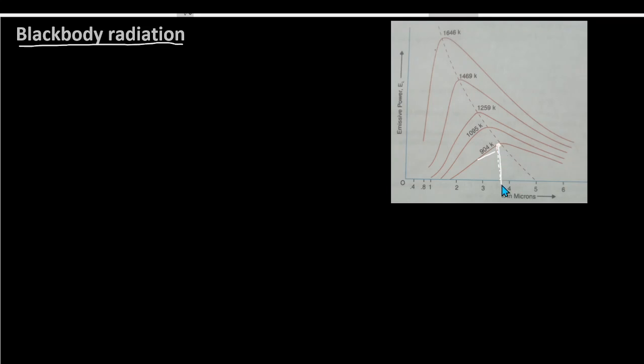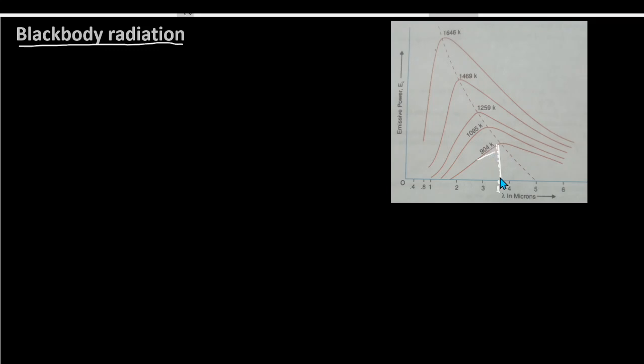The black body emits almost all of the radiation, not all, but almost, at different wavelengths. But for some wavelength the energy emitted is maximum. Like here in this case, this is the lambda for which there is a very high emissive power at 904 Kelvin temperature.